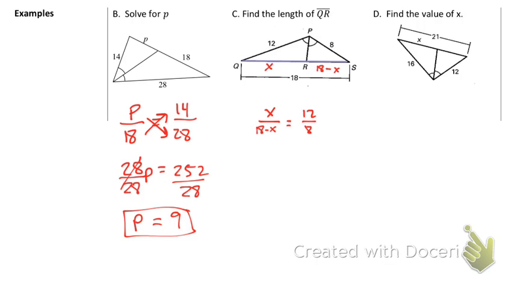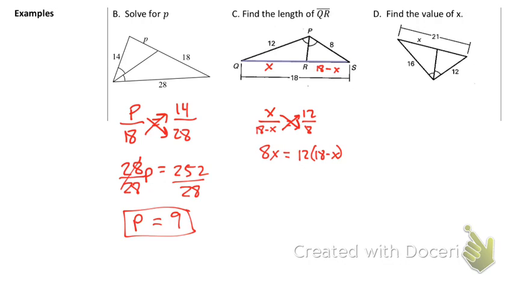So instead of RS, I'm going to plug in 18 minus X. Once we have that set up, we can cross multiply and solve. It's going to be this times this and this times this. So we'll go 8 times X, that's 8X, equal to 12 times 18 minus X. Keep in mind we've got to distribute.